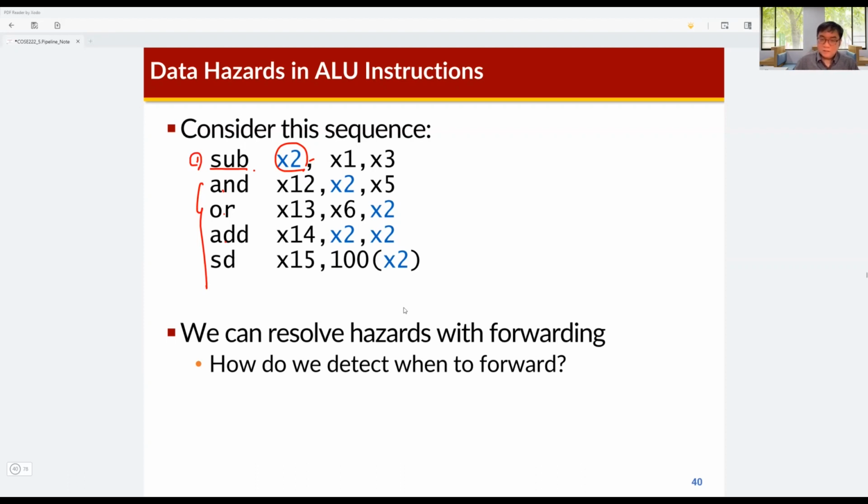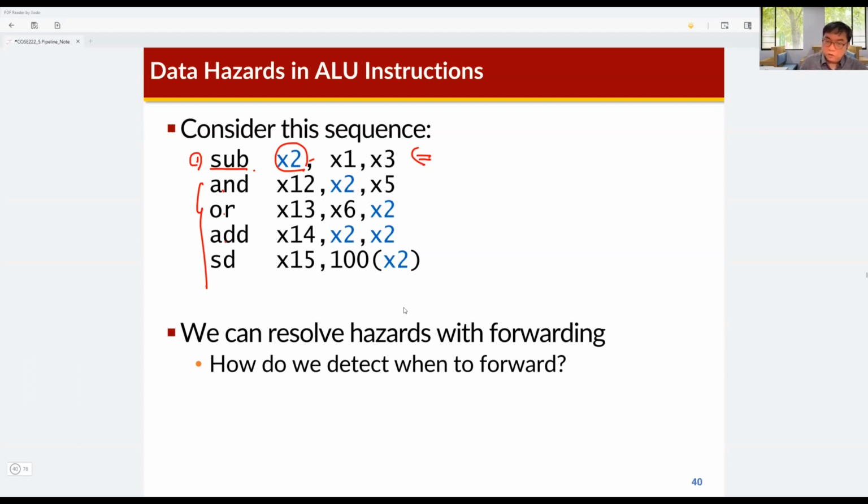So that means this code will cause data hazards. But the good thing is that this instruction is not a load instruction. So what does that mean?